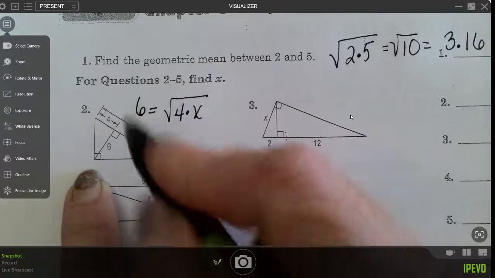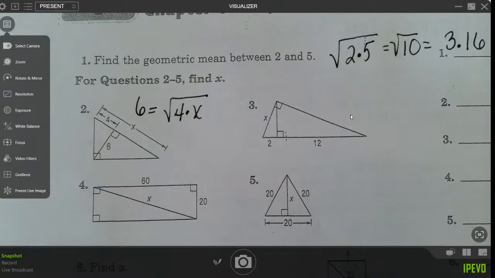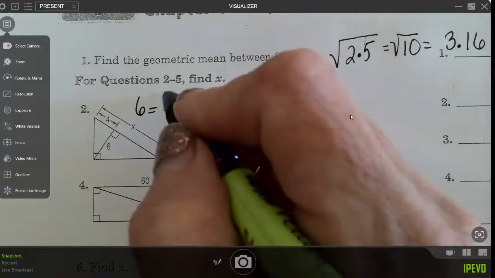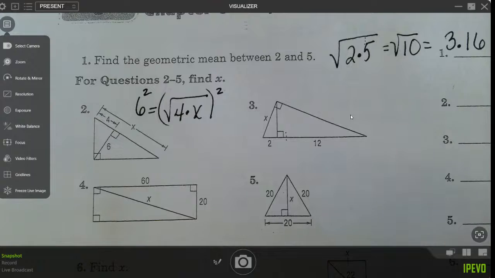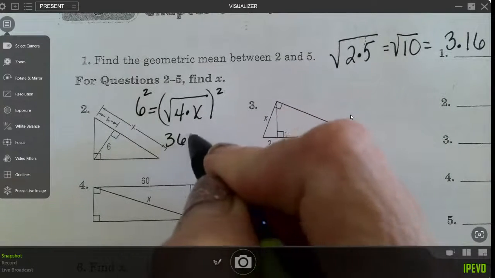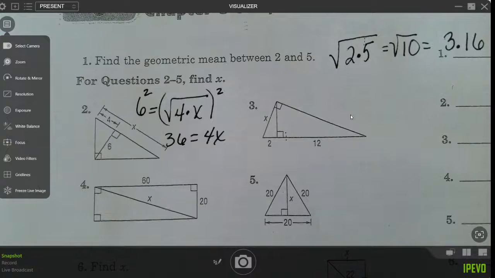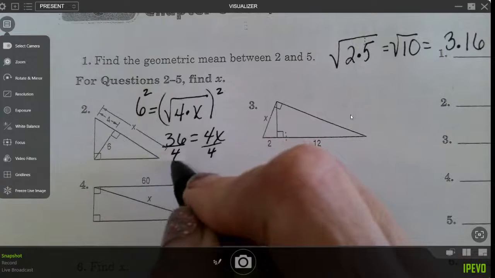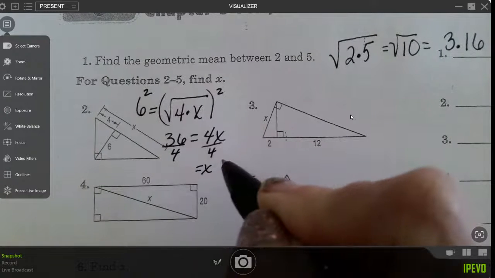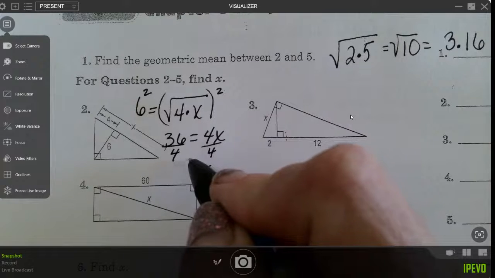So if we're going to solve this little equation right here, what are we going to do to solve that? We got to square both sides, right? Like that. And that's going to give us 36 equals 4x. And then what do we do? Divide by 4, right? So what is x? 9.